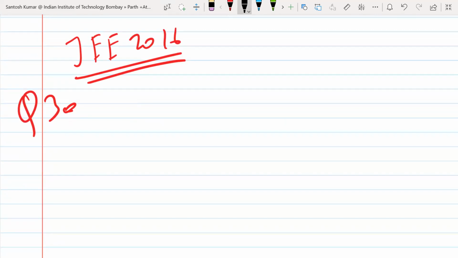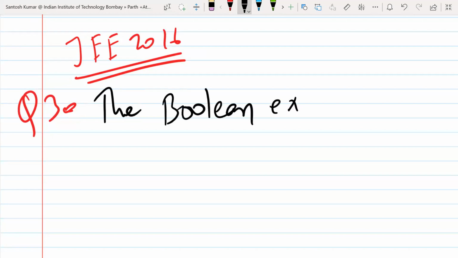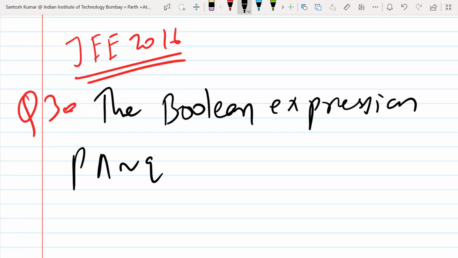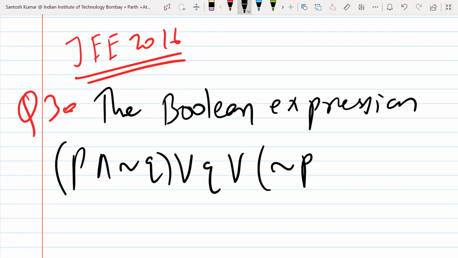The Boolean expression P and not Q, or not P and Q.